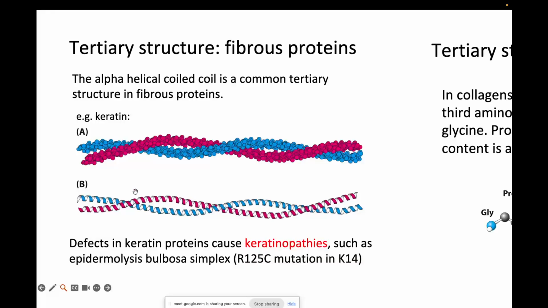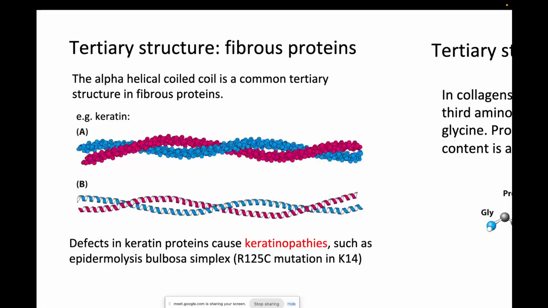Then you have proteins like keratins, where you have this long stranded alpha helical coiled structure. One of the major defects in keratin proteins actually causes different types of keratinopathies, and there are a lot of mutations that can happen. This is one example of a disease, epidermolysis bullosa simplex, which is caused by a particular mutation in the K14 protein.